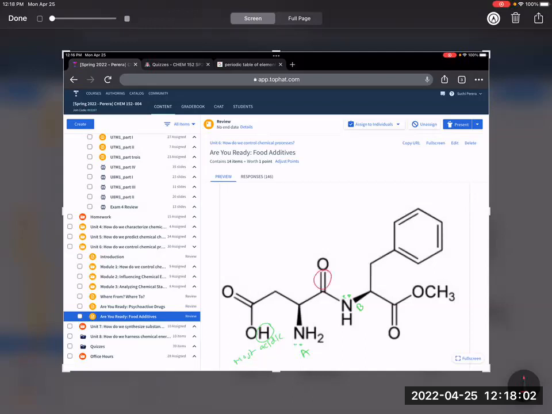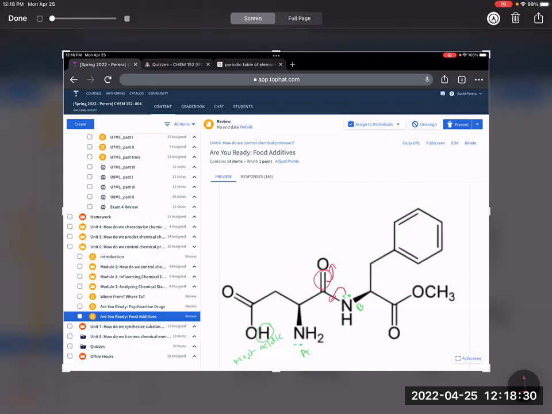This can participate in charge delocalization or resonance stabilization, and as a result the basicity of B is going to be decreased. For A, you don't have a double bond 1 bond away from this lone pair. Therefore, I would say option A is going to be more basic than option B.